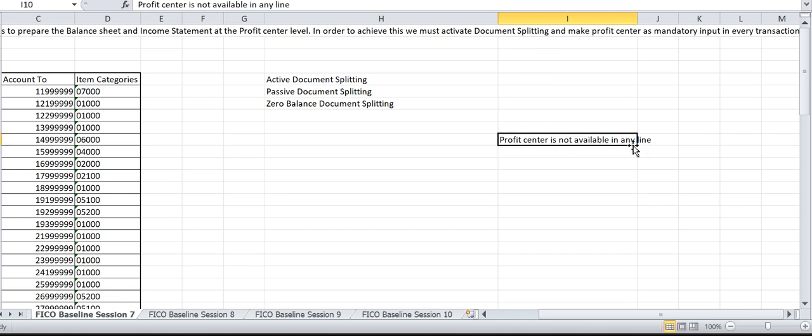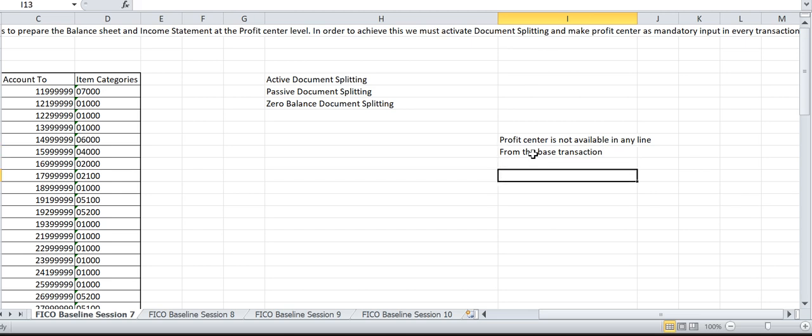If profit center is not available in any line, then how will the profit center be derived? It will be derived from the base transaction. Let's say I have a vendor invoice, suppose a 500 rupees invoice.